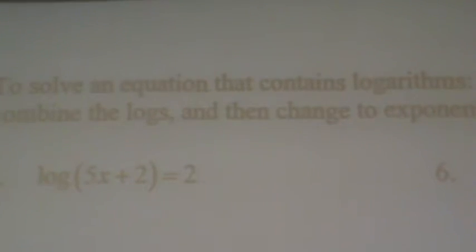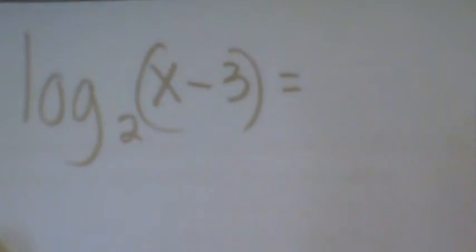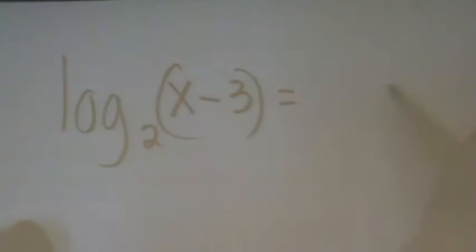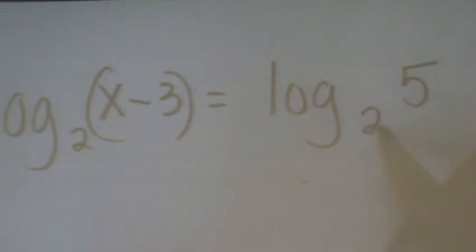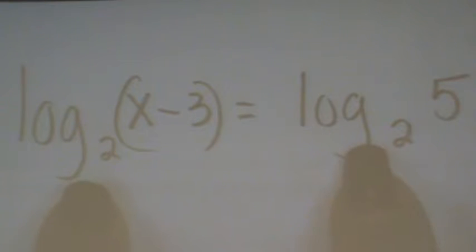Go to the log problems. Now, there's two ways to solve log problems. These are log equations. If I say log of x minus 3 base 2 equals log of 5 base 2, see how these are both the same base, log base 2 and log base 2?